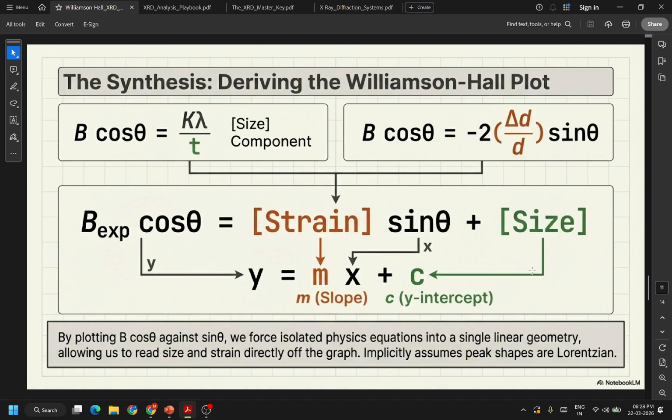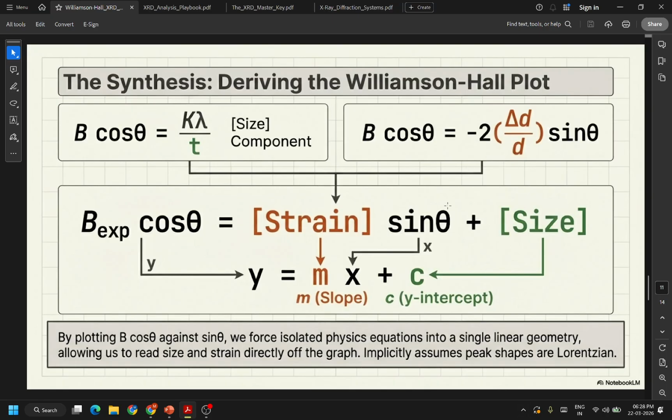So what you can do is create a plot called the Williamson-Hall plot. That is, you plot your B cos theta versus your sine theta. For each peak you calculate your B cos theta as well as sine theta, and you plot that. Your B cos theta will be the sum of your size component and your strain component.